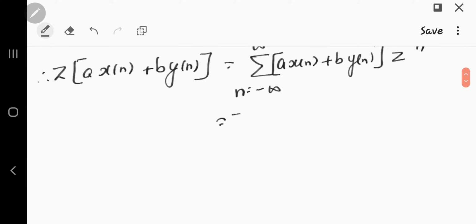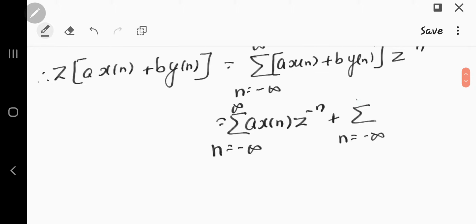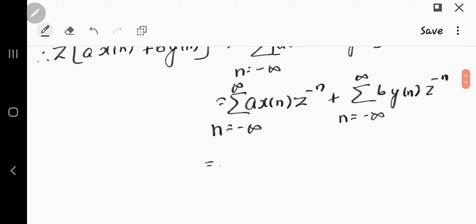Now if you split this, you get summation n equals minus infinity to plus infinity a x of n z to the power of minus n, plus summation n equals minus infinity to plus infinity b y of n z to the power of minus n. a and b are constants.